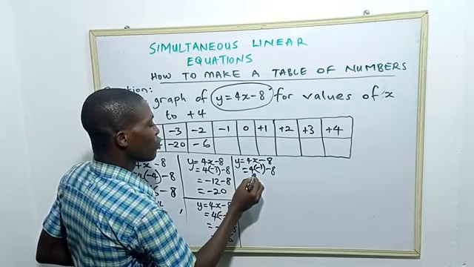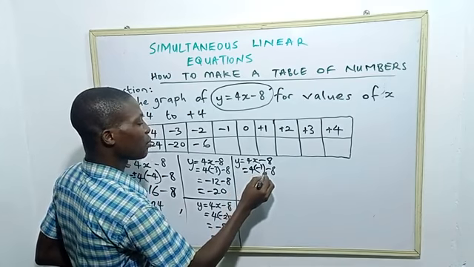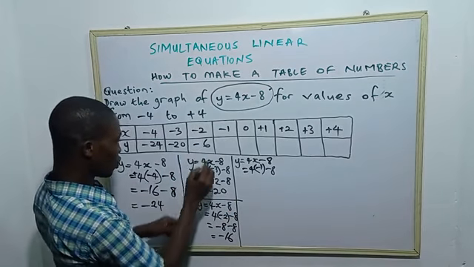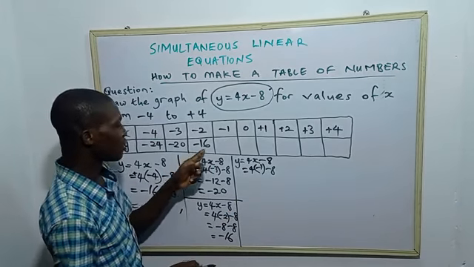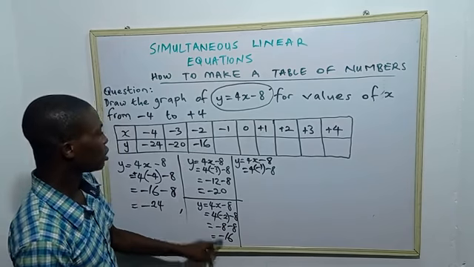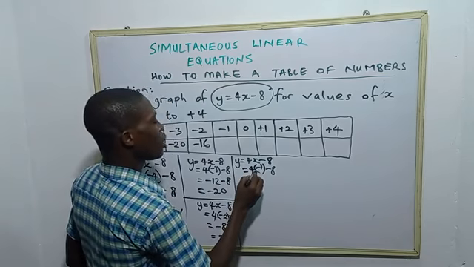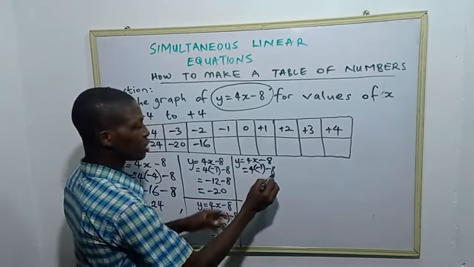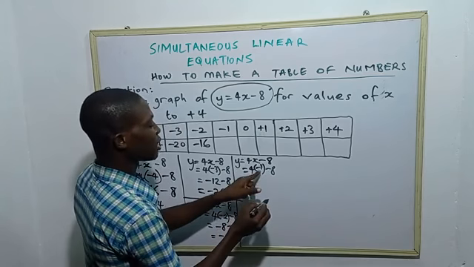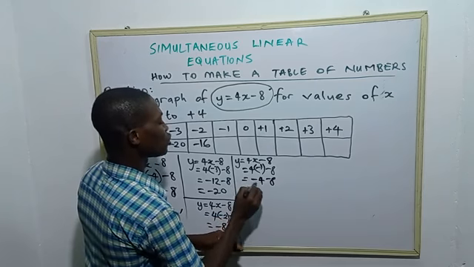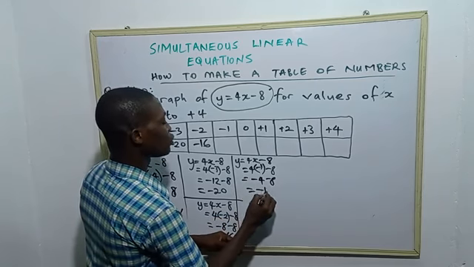Take note, it is minus 1, not minus 6, minus 16. So let's continue with this. 4 into minus 1 minus 8. It will be 4 times minus 1 will give us minus 4, then minus 8. This one will give us minus 12.